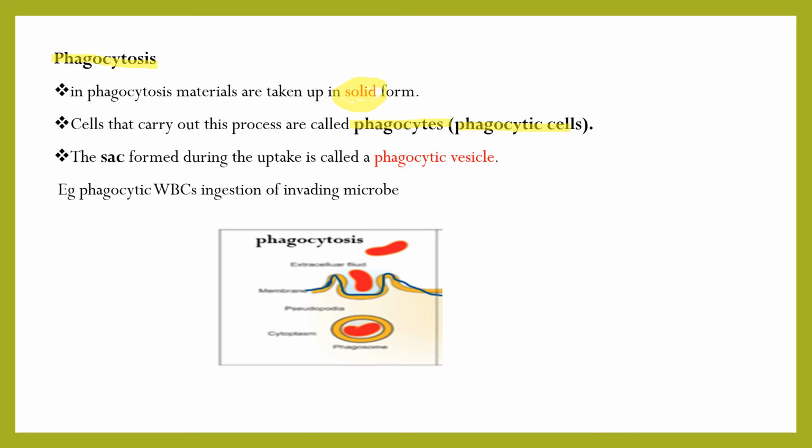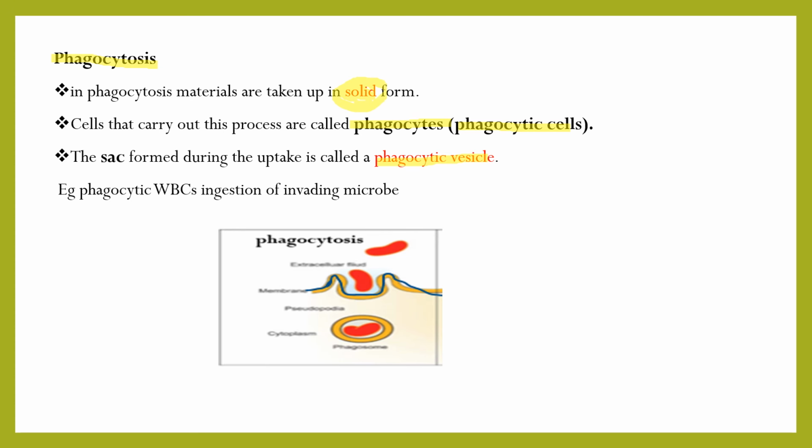And the sac, which is formed during the uptake of this solid form of molecules by a process known as phagocytosis, is called a phagocytic vesicle. This phagocytosis is an important mechanism for phagocytic white blood cells to ingest invading microorganisms.